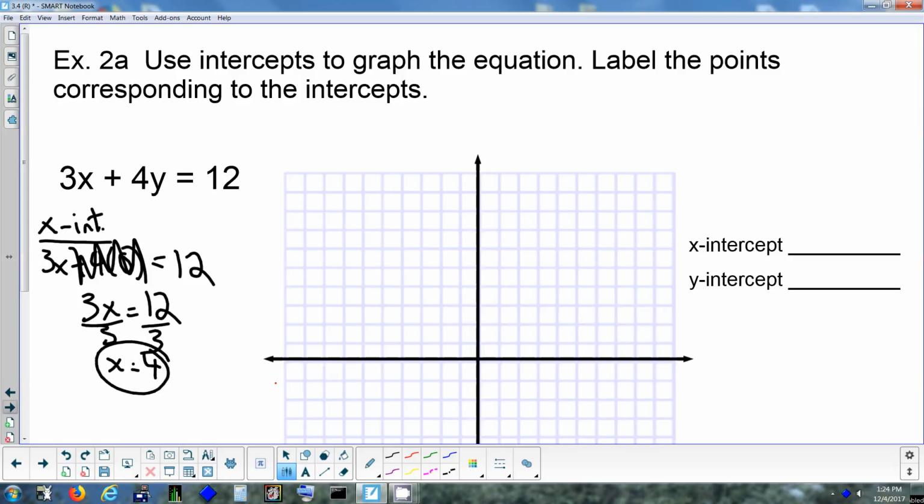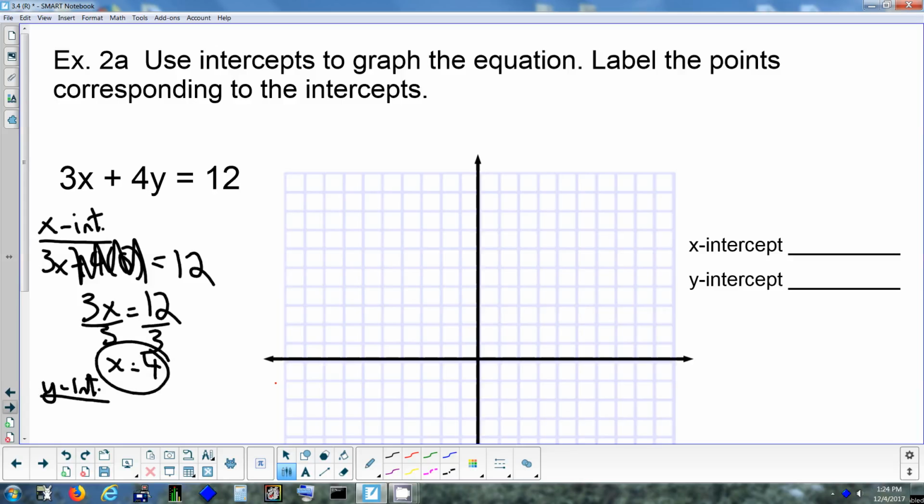Now, we're going to come back to that in a second. Let's solve for y first, and then we'll come back. So now I want to solve for the y-intercept. When I solved for the x-intercept, I plugged in 0 for y. Now I want to solve for the y-intercept.